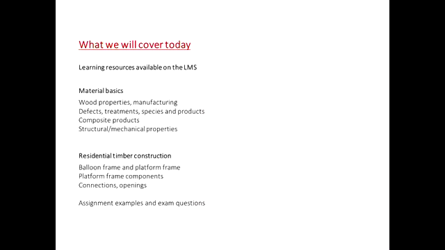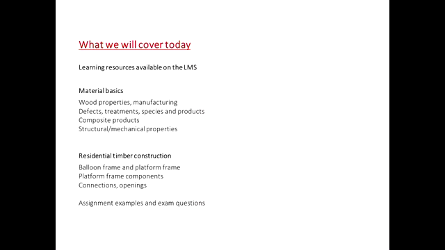What we'll cover today, as usual when we deal with materials, for the remaining three lectures including this one, we'll always look first at the material properties. So we'll look at the wood properties, manufacturing, defects, treatments, and all the things that you can add in your assignments as annotations and captions to images.